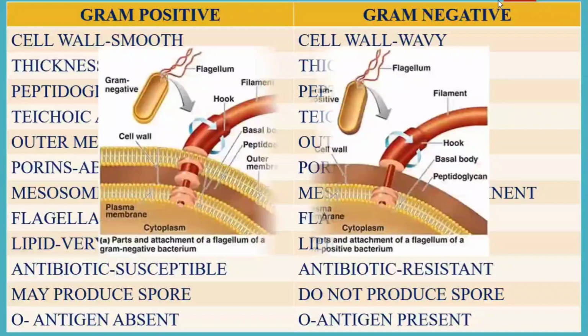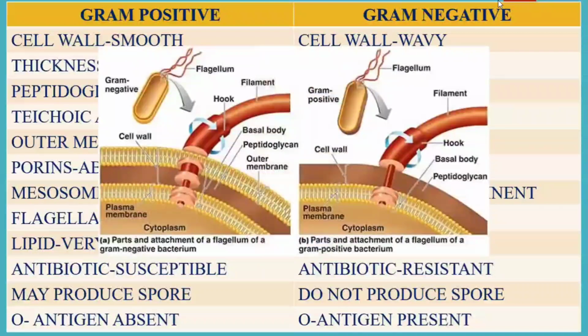Now, just see this diagram. Can you see? On your left side, we have gram-negative, and on your right side, we have gram-positive. So if you count the rings, I show you the ring part. See, this is the ring part. You can count the numbers.